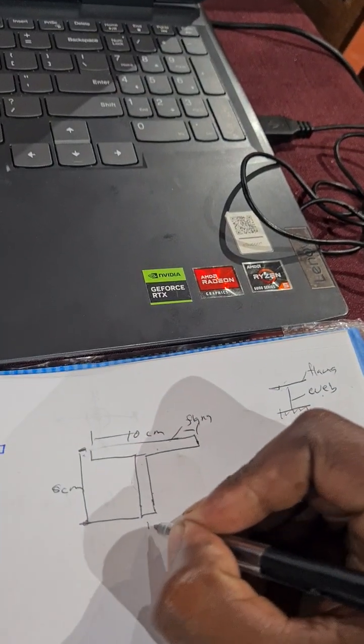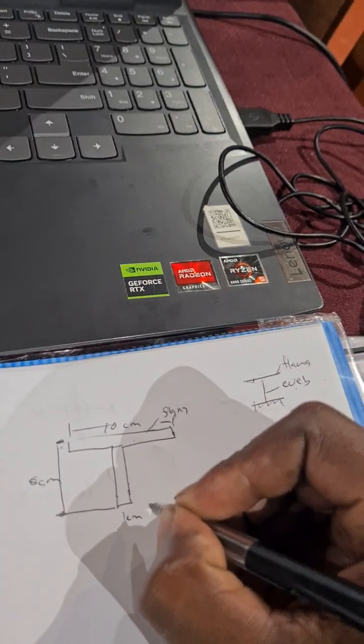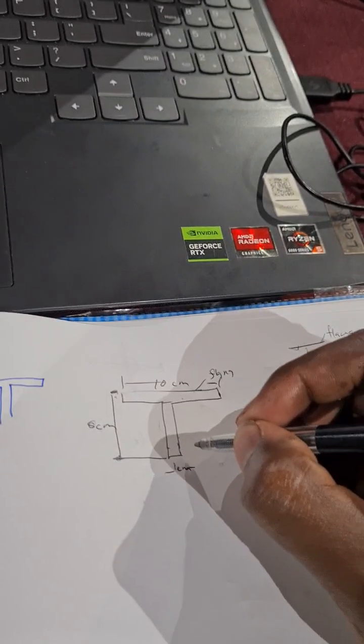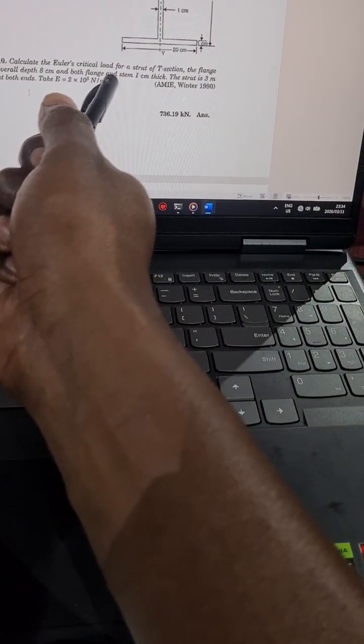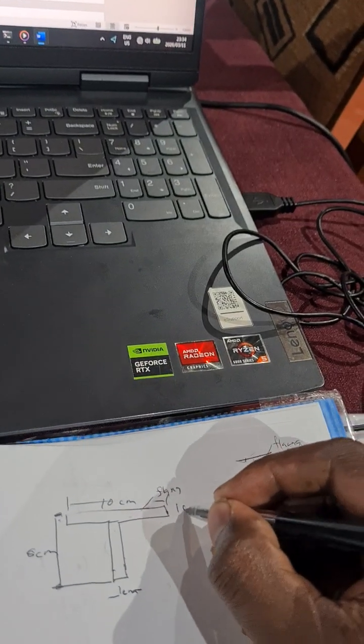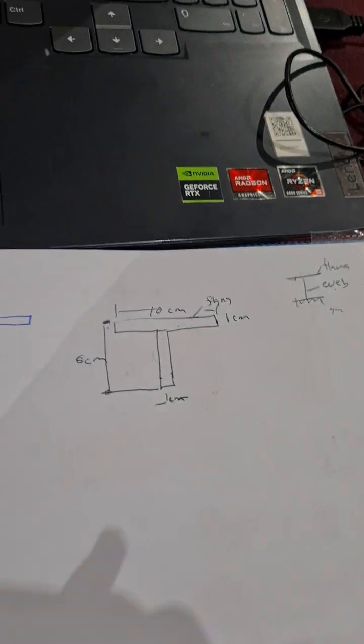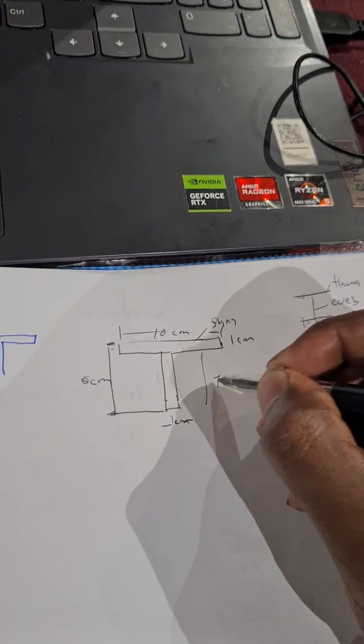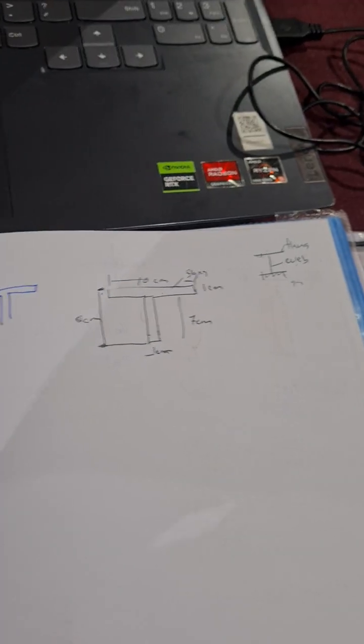So the thickness here is 1 centimeter, from here to here. Both the stem and flange are 1 centimeter, so also here it's 1 centimeter. So from here to here it's 7 centimeters. We know it, right?